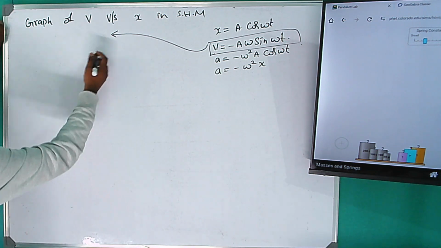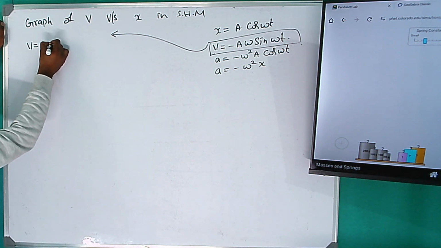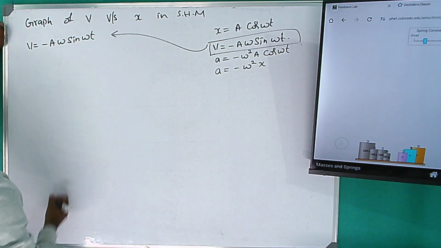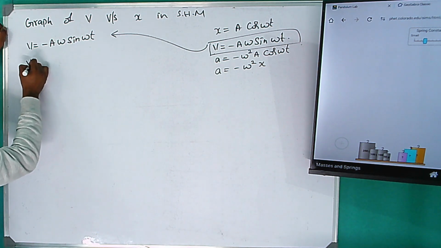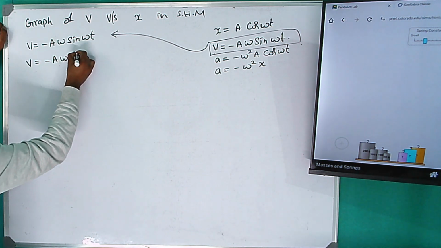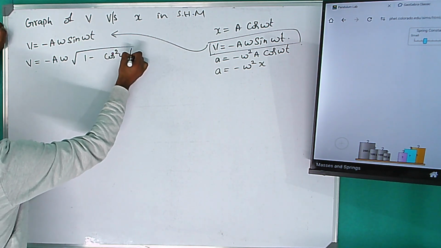So let me use this equation. I will write v is equal to minus a omega sine of omega t. I can rewrite this as minus a omega into square root of 1 minus cos square omega t.